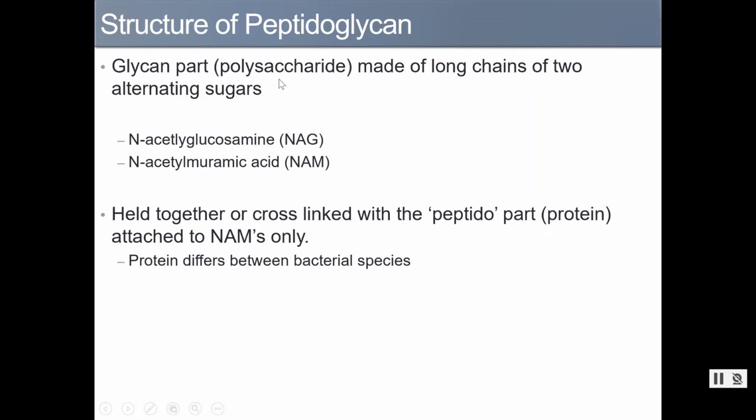So it's made of two repeated sugars, or polysaccharides. The first one is N-acetylglucosamine. The second one is N-acetylmuramic acid. They line up alternating one from the other, and then they are held together by these peptide crosslinks, these protein crosslinks. These crosslinks only attach to the NAMs, to this one sugar, and that's how it goes together.